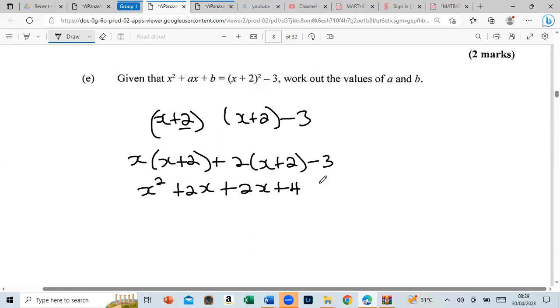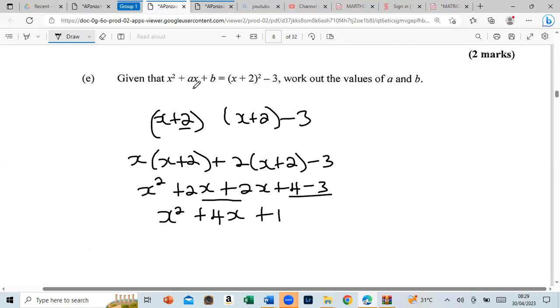We can't drop the minus 3 there, so because these are like terms, we have x squared, 2x plus 2x, that's 4x.